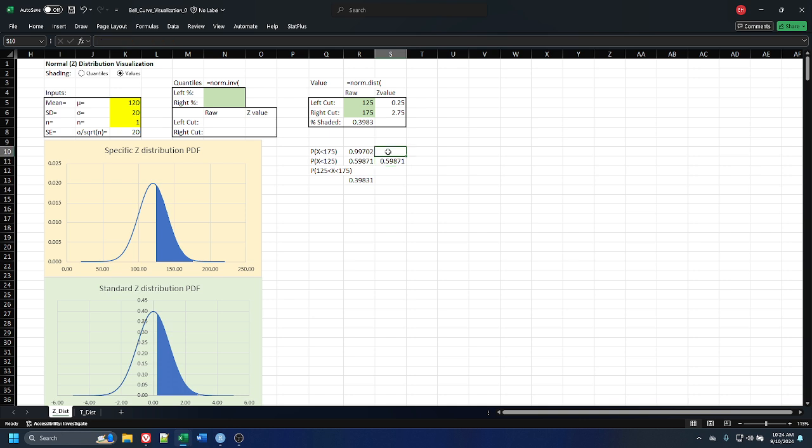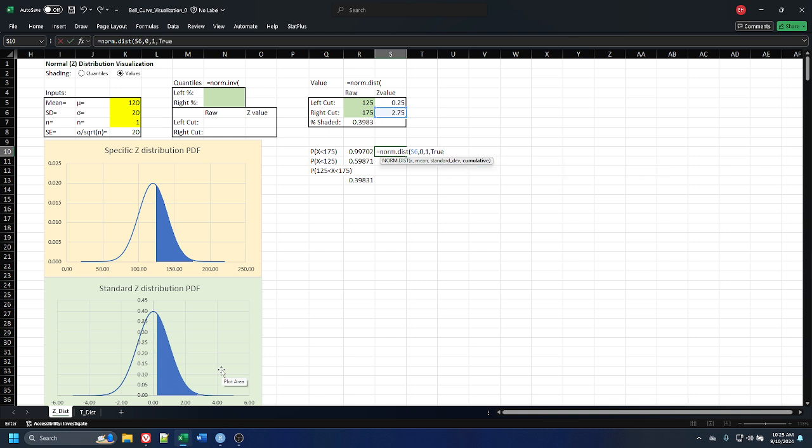And then for the 175, we can do equals norm.dist. And notice we want to know less than 2 3/4 standard deviations above. So here we go. We can do 2 3/4, comma, and since now we're doing the z distribution, we get to use the standardized mean and standard deviation of 0 and 1.